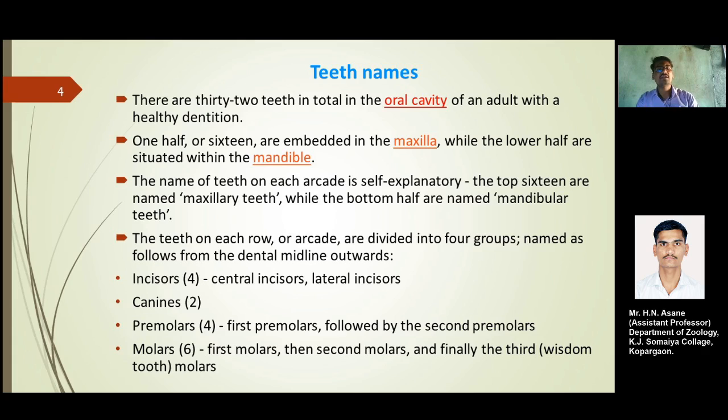Then there are 6 molars in total: first molar, second molar, and finally the third molar, which is the wisdom tooth, which rises from the age of 16 up to the 21st year from your jaws.